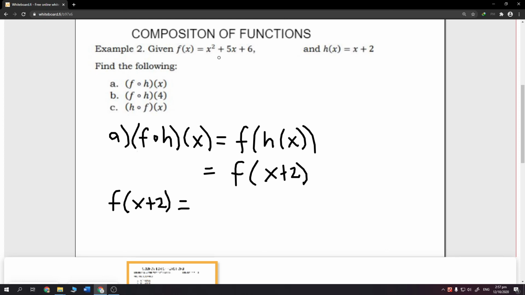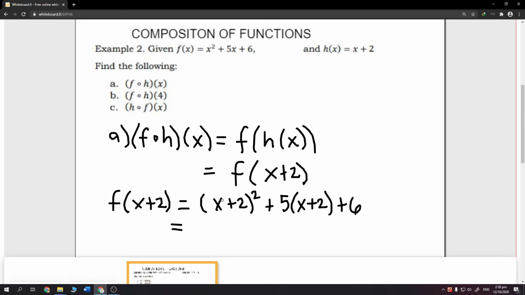Instead of writing x, we're going to use x plus 2. So we have x plus 2 quantity squared plus 5 times x plus 2 plus 6.